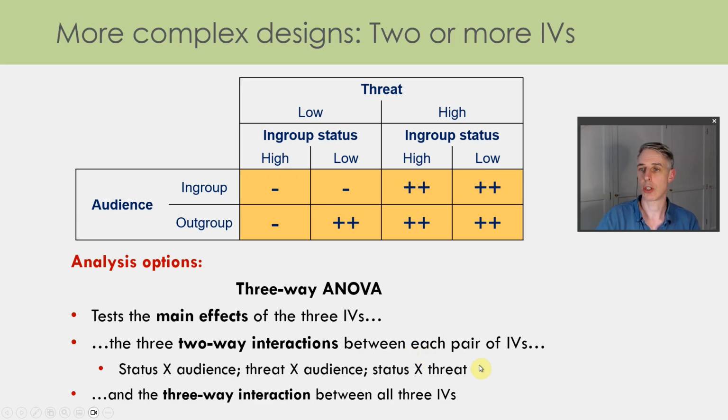So the 2-way interaction between status and audience, between status and threat, and between threat and audience. And finally, the 7th effect is going to be the 3-way interaction between the 3 independent variables. And that is the test of whether the effect of status depends on audience, but in turn only at specific levels of threat.